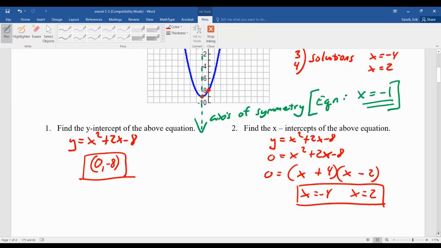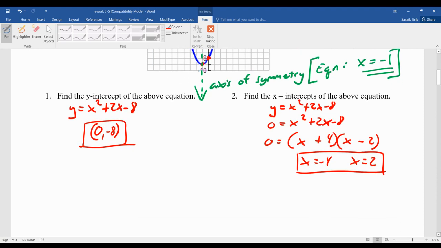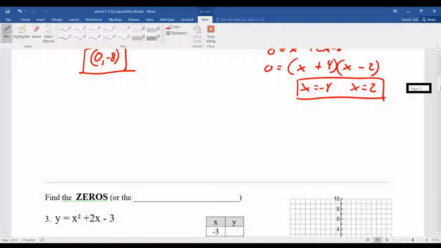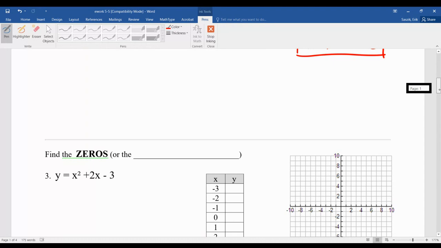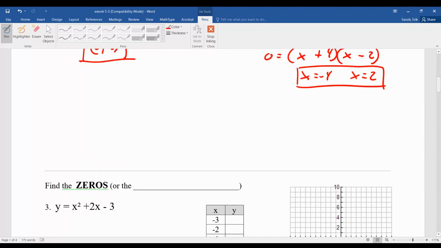All right. So now I'm going to throw another term at you. I've been referring to the solutions and the x-intercepts as the same thing. And they are the same thing. Okay, there's a third term called zeros. All three of these things mean the same thing. X-intercepts, solutions, zeros.